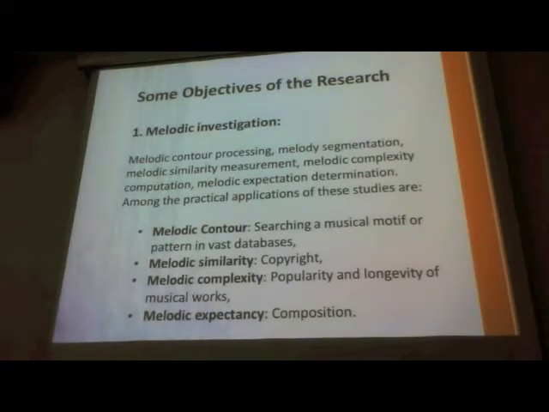Among the practical applications of these studies are, for example, melodic contour: searching a musical motif or pattern in various databases; melodic similarity: copyright; melodic complexity: popularity or longevity of musical works; melodic expectancy: composition.